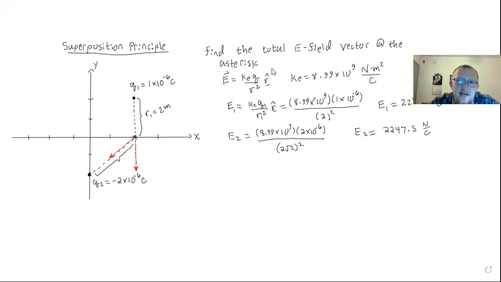The nice thing is that the contribution of the E field caused by Q1 is already just in the negative y direction. So E1 as a vector is just going to be 2,247.5 in the negative j hat direction.